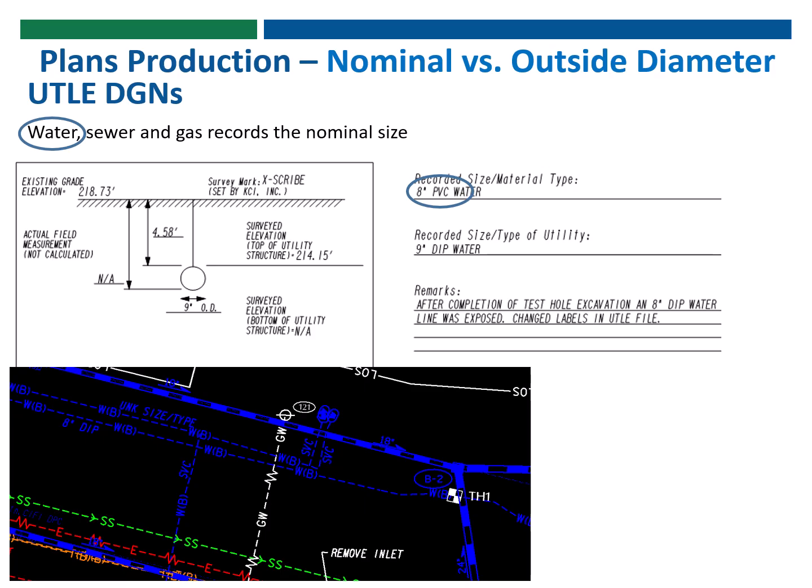And when they did the test hole and measured the utility, they measured 9-inch DIP water line. So in the DGN file for water utilities, we ask you to show or record the nominal size of the water line in the DGN file. So in this case, the nominal size of this utility is an 8-inch DIP.